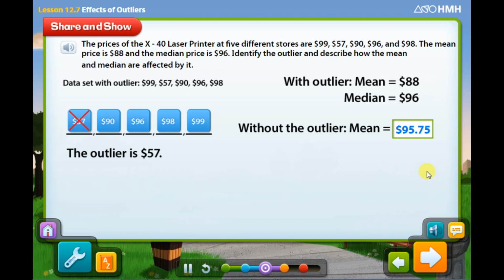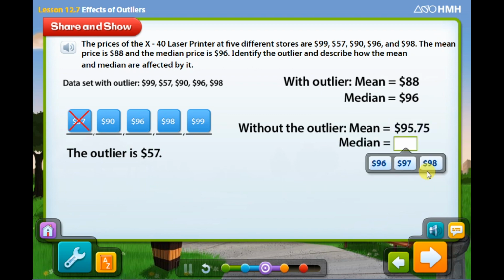Without the outlier, the mean is $95.75. What is the median of the data set without the outlier? Okay, the median is the number between 96 and 98. It's 97. That's it. Without the outlier, the median is $97.